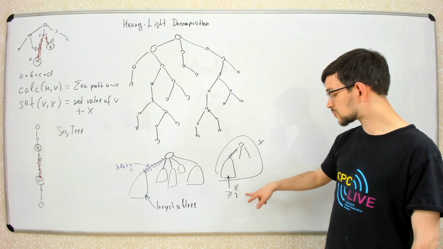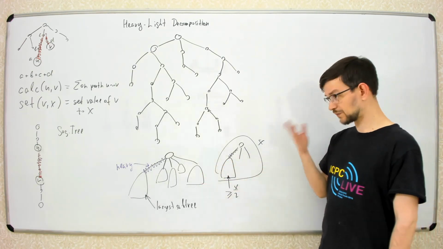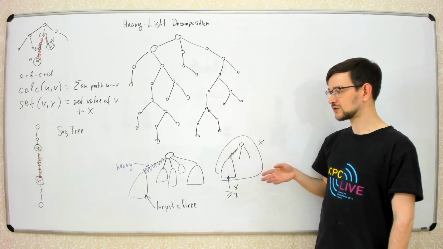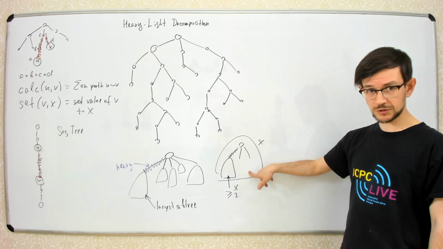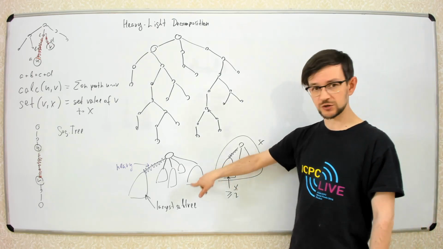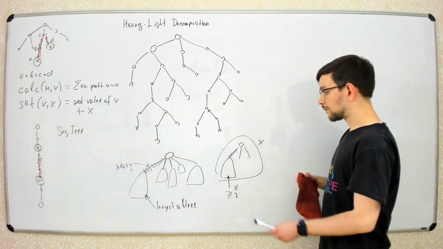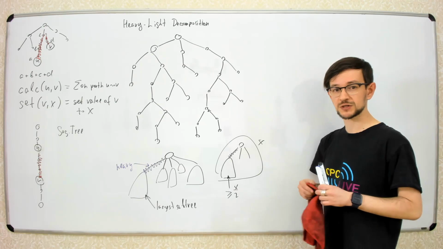This property is cool, but this is much easier to check and to implement. So this definition also works, but I will use this definition just because it's more comfortable for me. Both definitions will give you the same asymptotics.